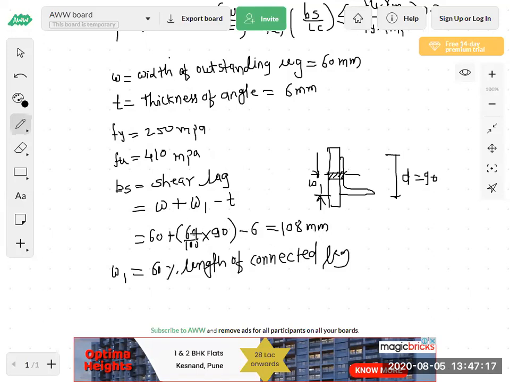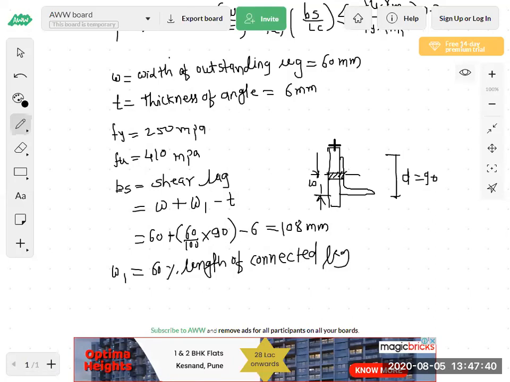Now, okay, I will explain once again. BS is the shear lag. I have told you what shear lag is. If this gusset plate is under loading, the gusset plate transfers the load onto this connected leg because of this connection.